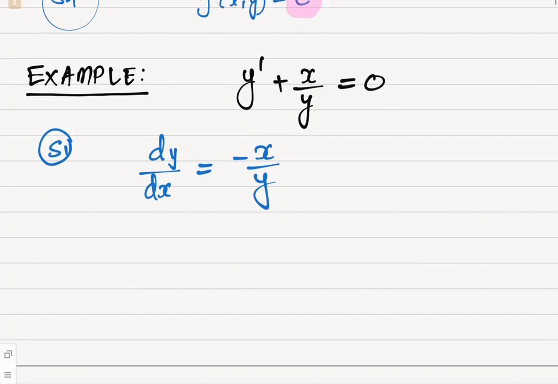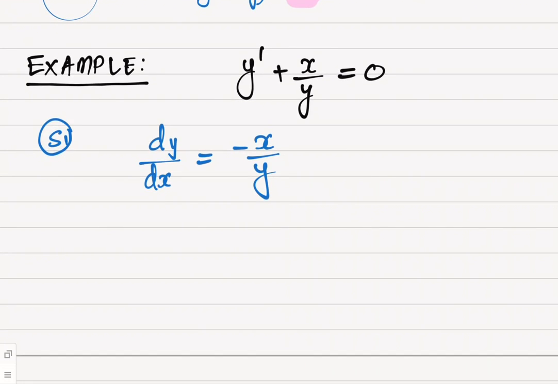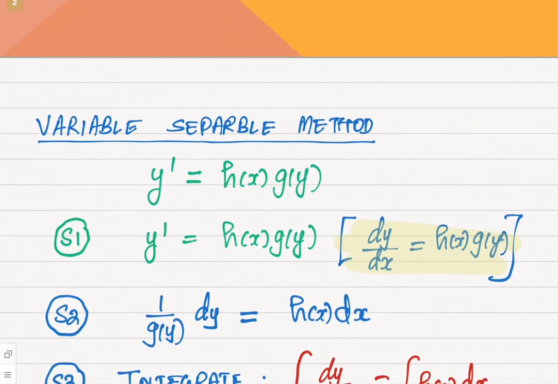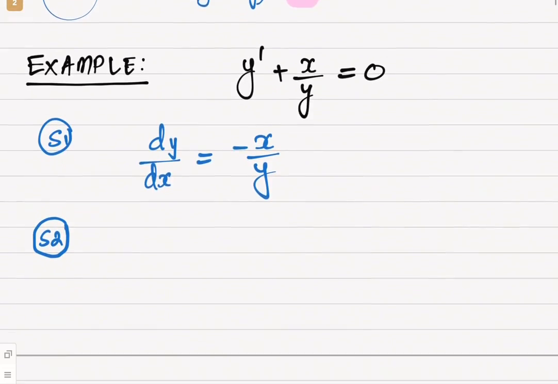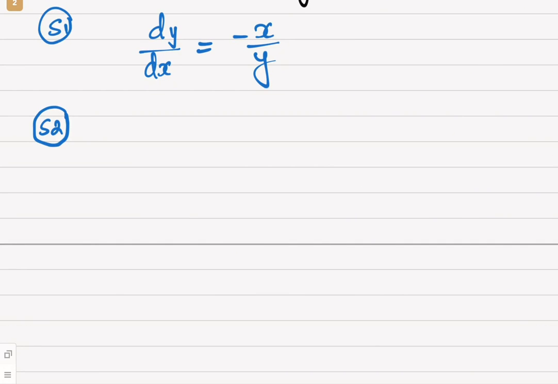Now we go to step 2, which is to group all the similar variables on one side. If I simplify this, you agree that I'm going to have y times dy on one side, and on the other side, x dx.